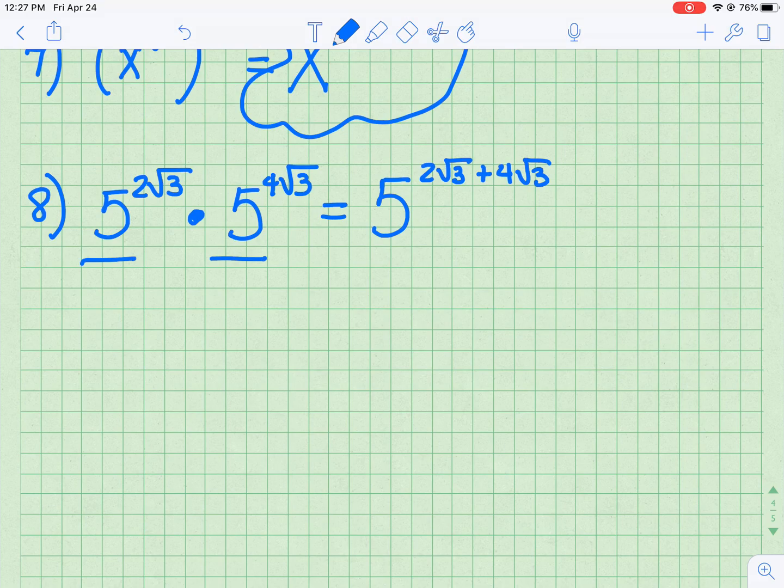And then that goes back to the rules of radicals. If you have the same exact square root, you can add like terms. So this would be 5 to the 6 root 3. And that's it for now. That's all you have to do.